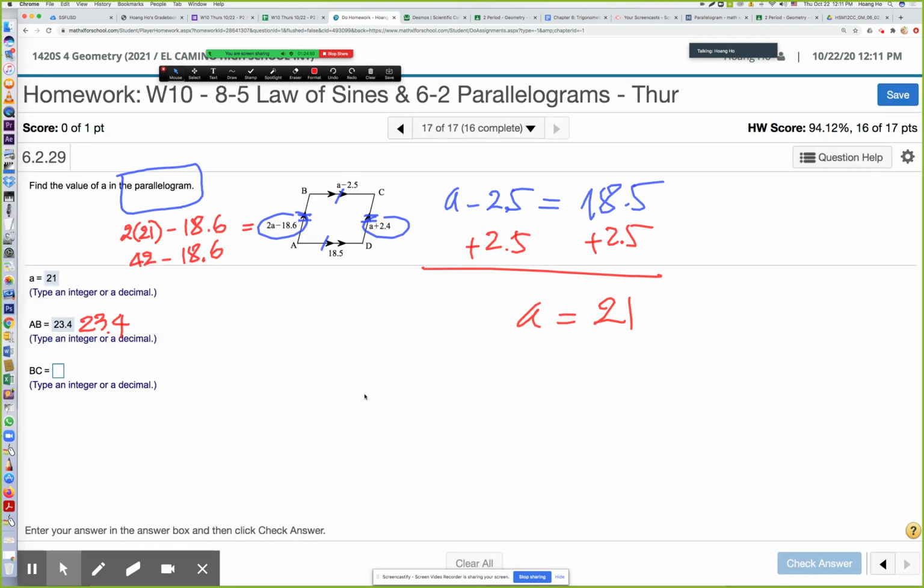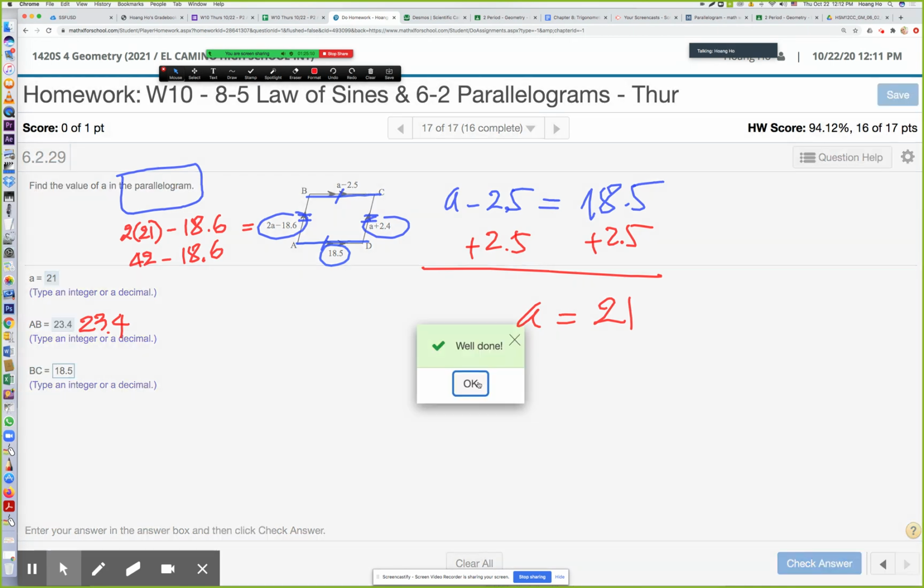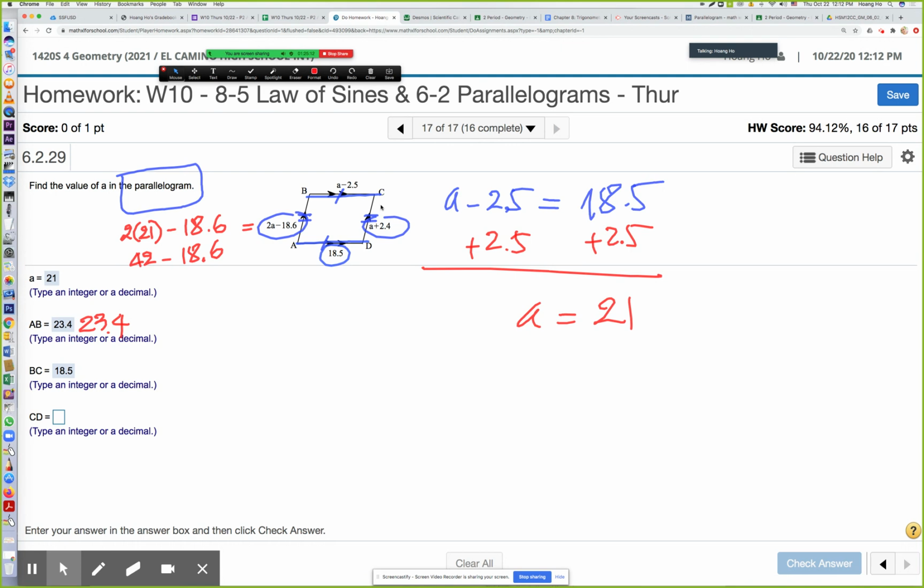All right. And the next one, they ask you for BC. Okay, remember AD equal BC. So 18.5. Or you can take 21, subtract 2.5, it should come out also 18.5. But I already know it's 18.5. So 18.5 here. I'm done. All right. And CD.